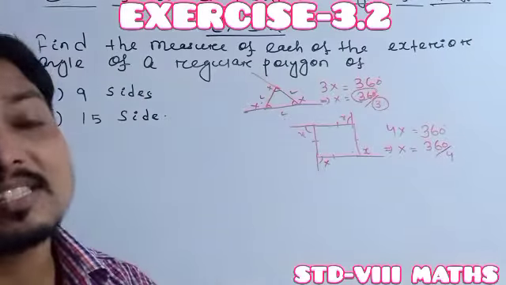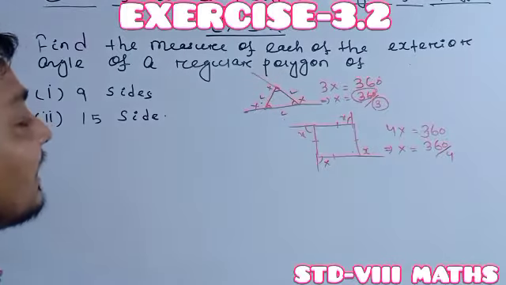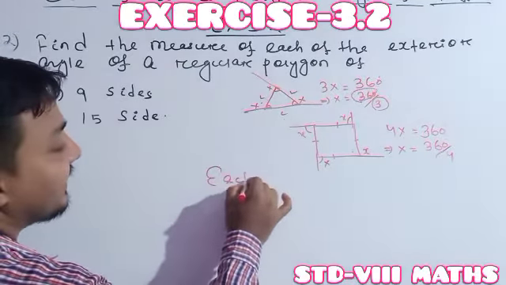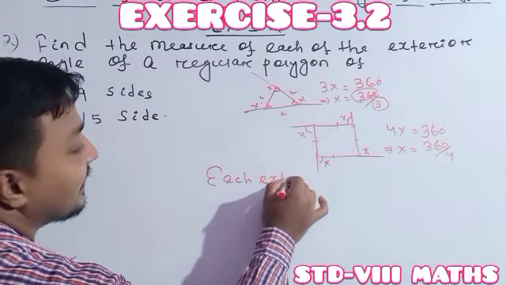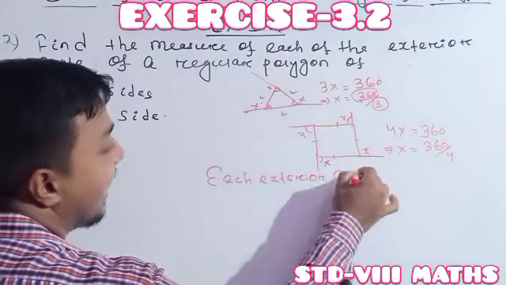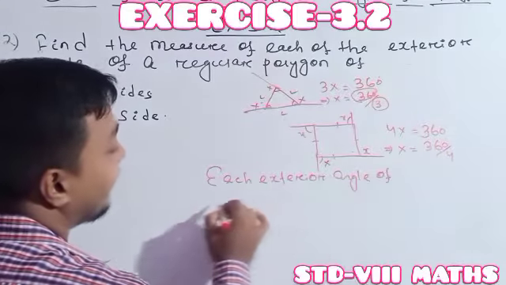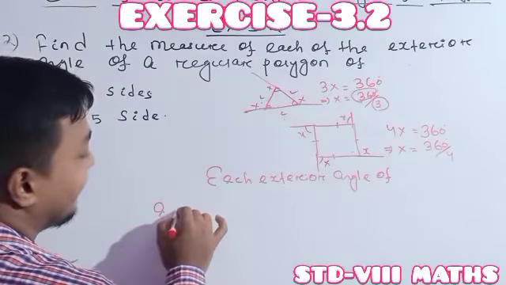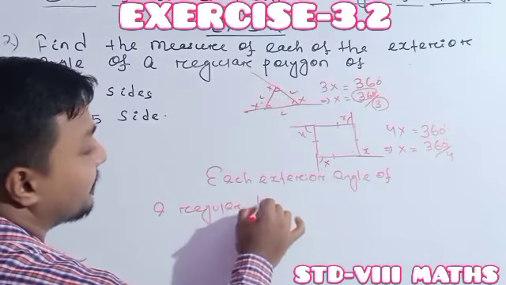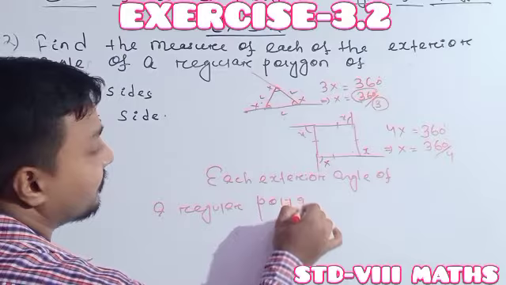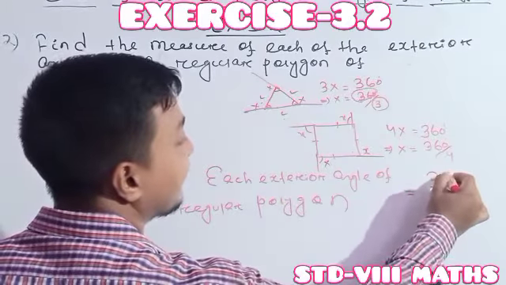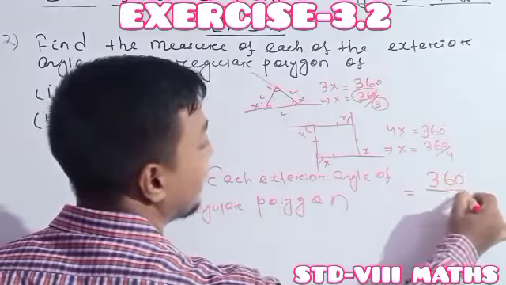So you just have to remember one formula: each exterior angle of a regular polygon is equal to 360 degrees divided by n.